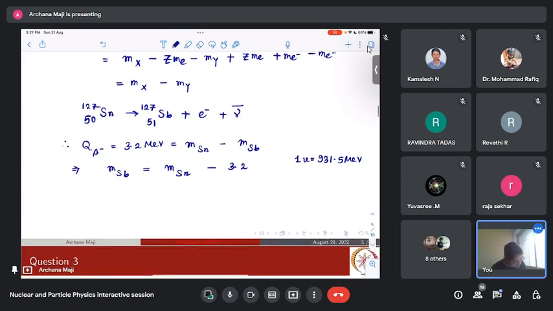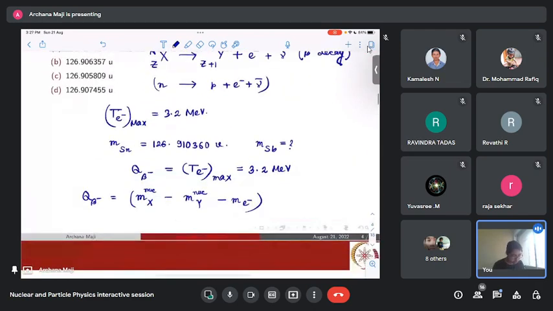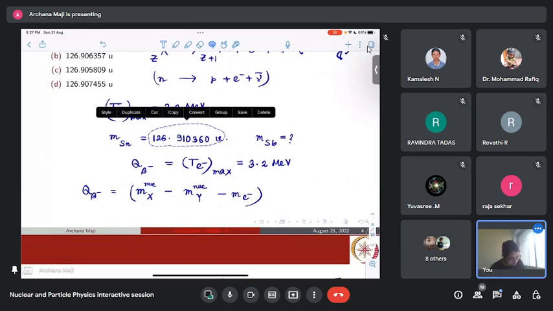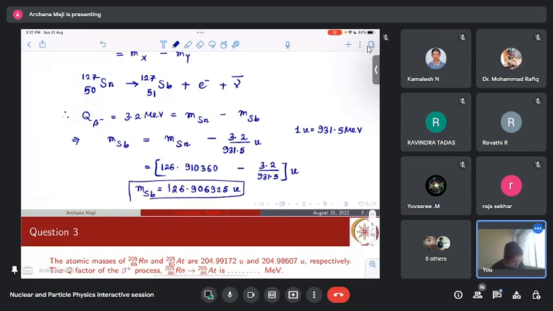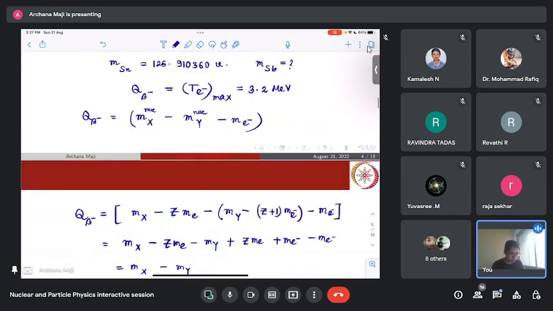The mass of Sn is this quantity. If you evaluate it, you will get 126.906925 atomic mass unit. So the correct option is A.